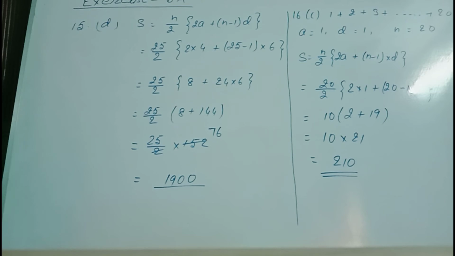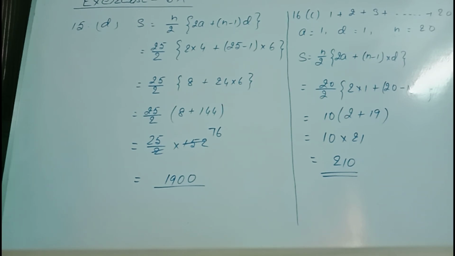In question number 16C, the series is given, the terms are in AP: 1 plus 2 plus 3 plus dot dot plus 20. So here the first term is 1, common difference is 1, the value of n is 20, that is the last term 20. So I use the formula S equal to n by 2 into (2A plus (n minus 1) into D).